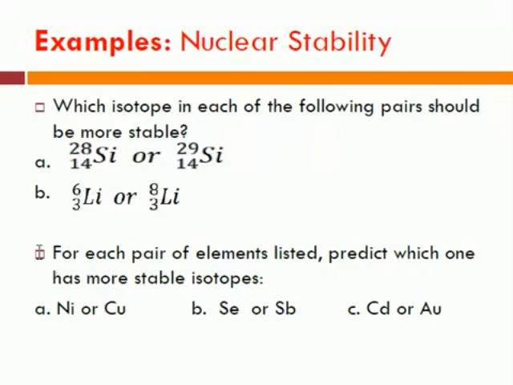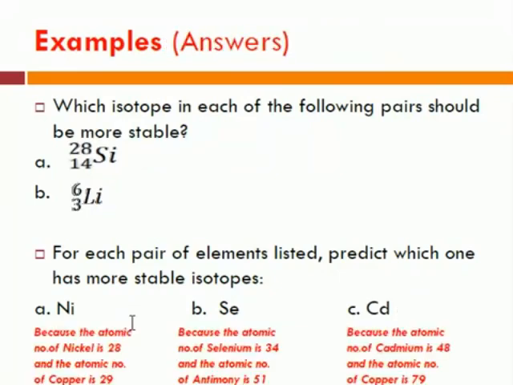Next, for each pair of elements listed, predict which one has the more stable isotope. We have nickel and copper. The answer for letter A is nickel, because nickel has an atomic number of 28 and the atomic number of copper is 29. As the atomic number becomes larger, the element becomes more unstable.